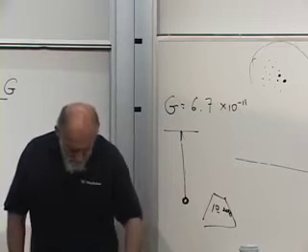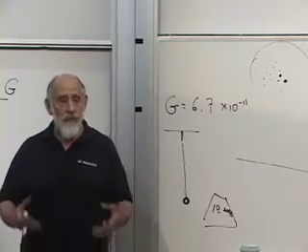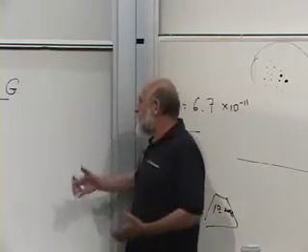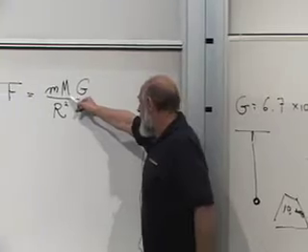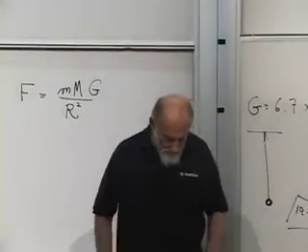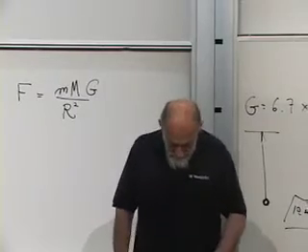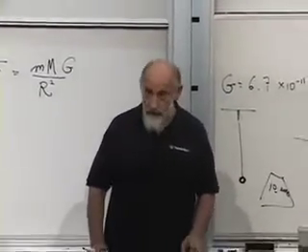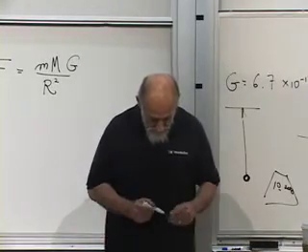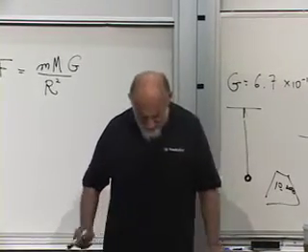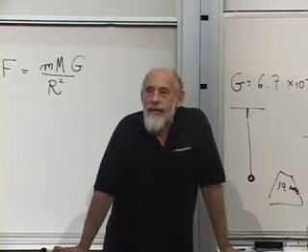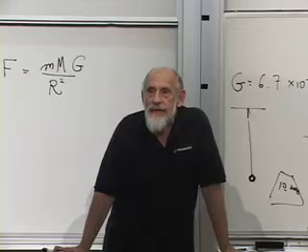But weak as it is, we feel it rather strongly, because the Earth is so darn heavy. So the heaviness of the Earth makes up for the smallness of G, and so we wake up in the morning feeling like we don't want to get out of bed because gravity is holding us down.